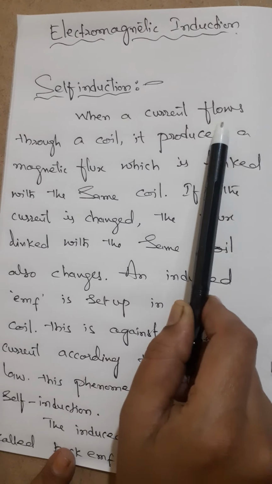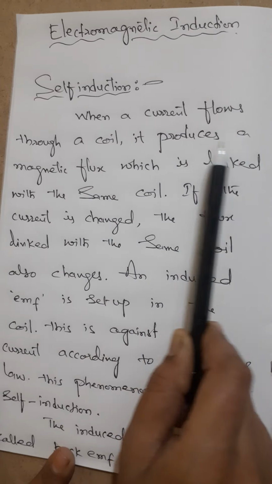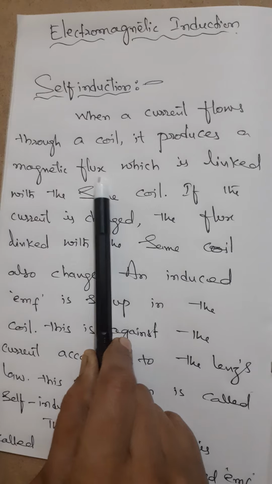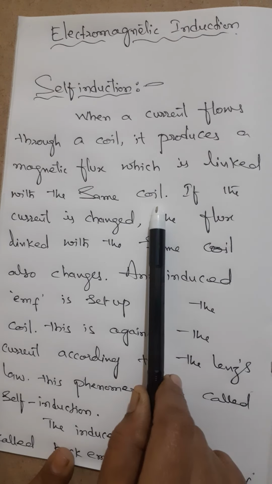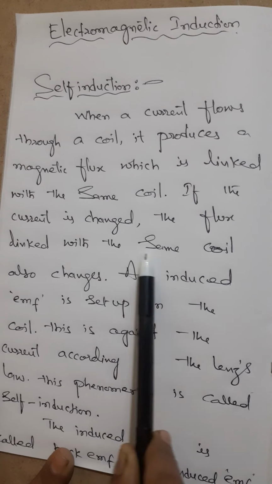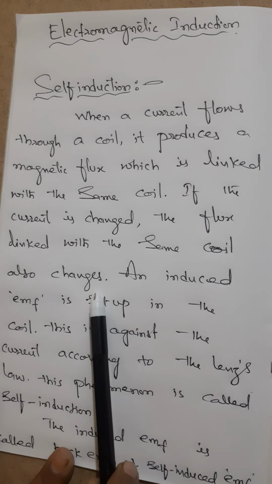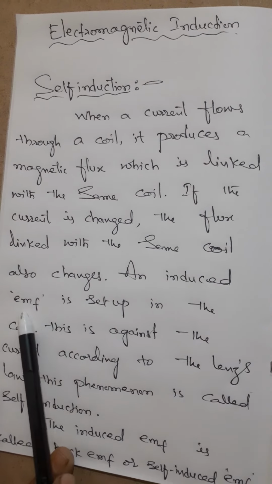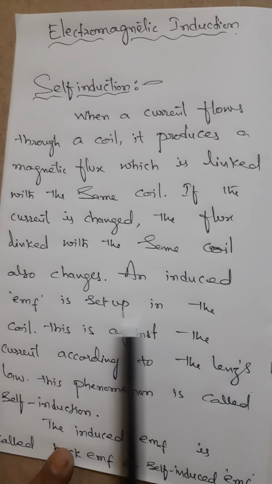When a current flows through a coil, it produces a magnetic flux, okay, which is linked with the same coil. If the current is changed, the flux linked with the same coil also changes, due to which an induced EMF is set up in the coil. What is EMF?